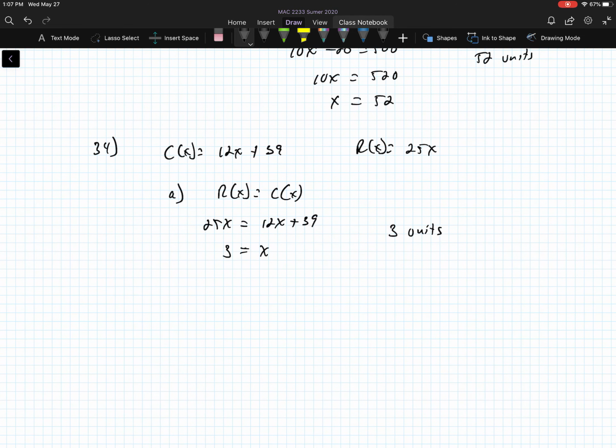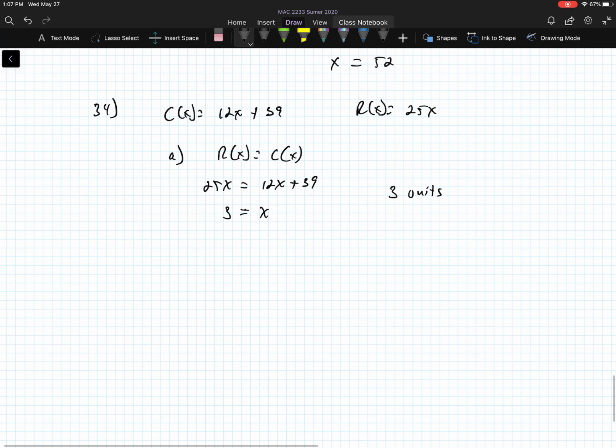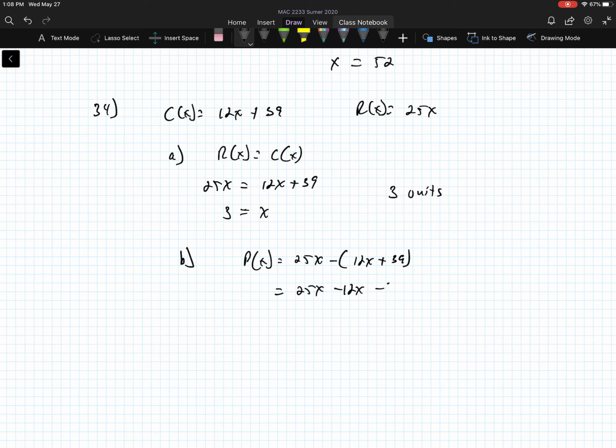All right. The next one for part B, it's saying find the profit from 250 units. So again, for this particular one, it's just good habit to memorize this. So this is going to be 25x minus 12x plus 39. And so in this case, we get 25x minus 12x minus 39, which is 13x minus 39.